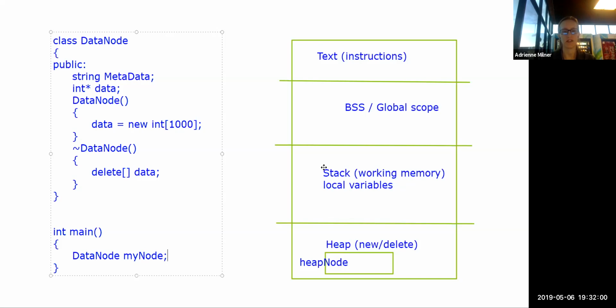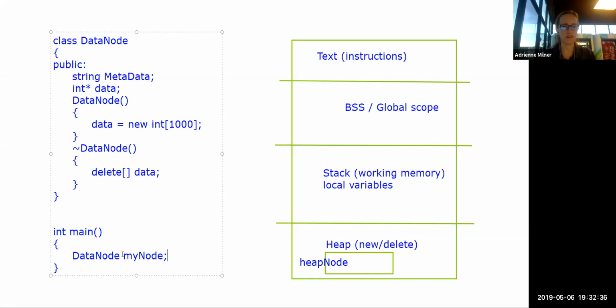The data node will be here. But this very large part, the 1,000 integers, which is like 4K of data, is actually going to be allocated on the heap. And when my data node leaves the scope of main, the destructor of the data node is going to be called, and this data node destructor will run, and it will delete the data for me.